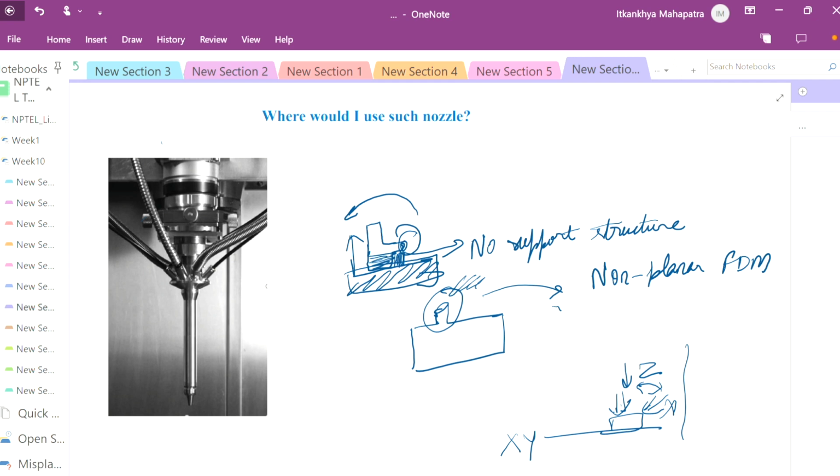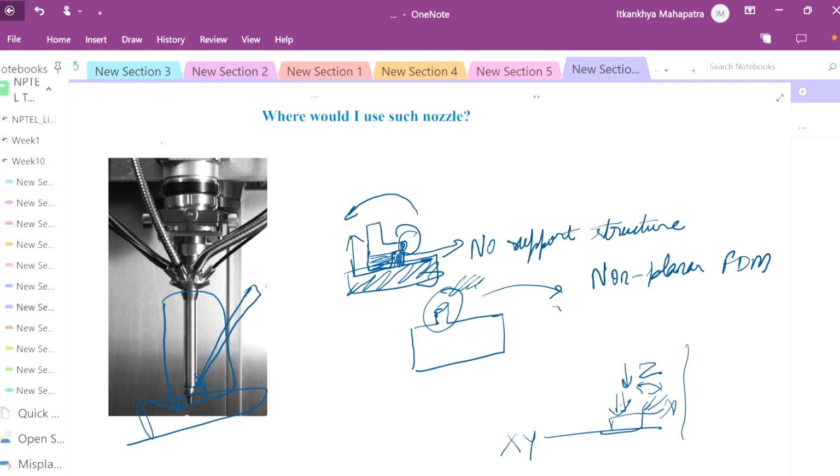But if your nozzle size is small, at this point it will try to hit the already deposited layer. So now you can rotate. This nozzle is very beneficial in our earlier discussed applications, laser cladding and surface alloying.